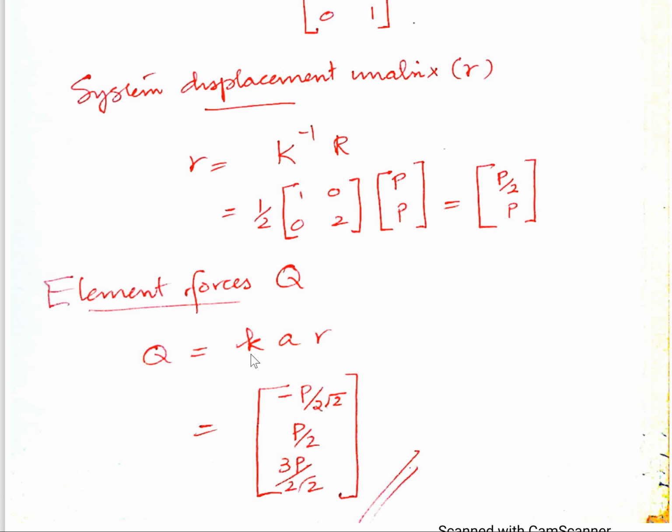So substitute element stiffness matrix, multiply with the displacement transformation matrix, and also again multiply with the system displacement matrix. Then these are the forces in each member. Minus p by 2 root 2, p by 2, 3p by 2 root 2. So these are the forces in the members small a, small b, small c respectively.